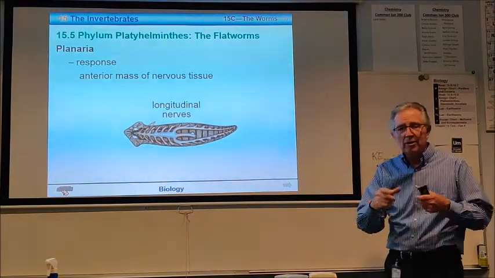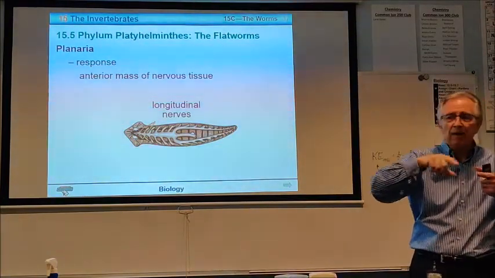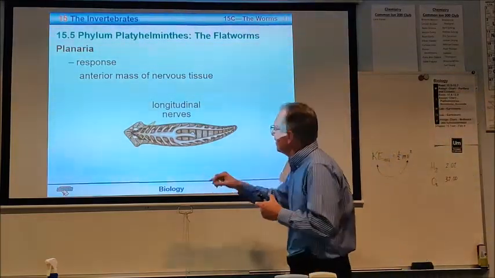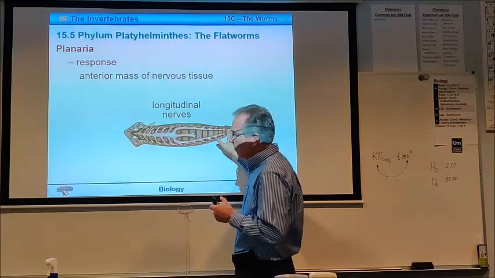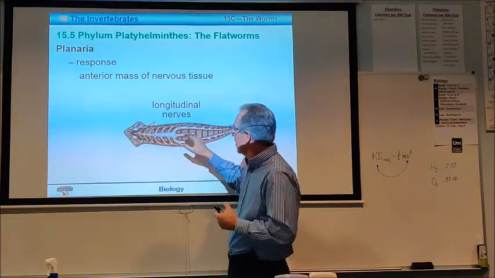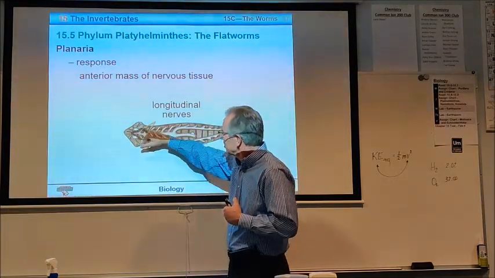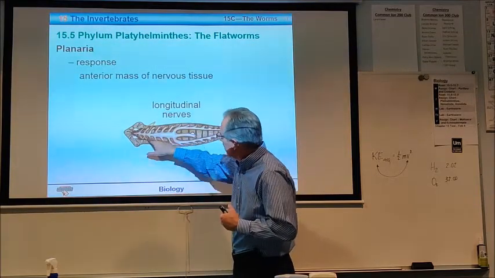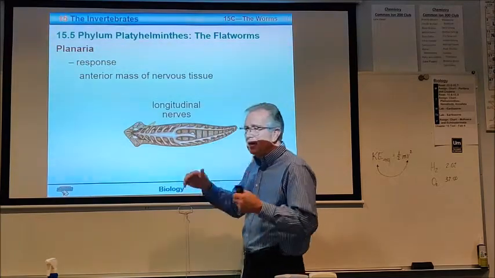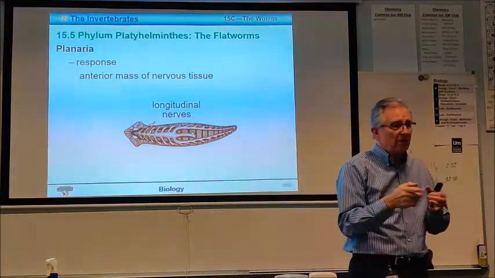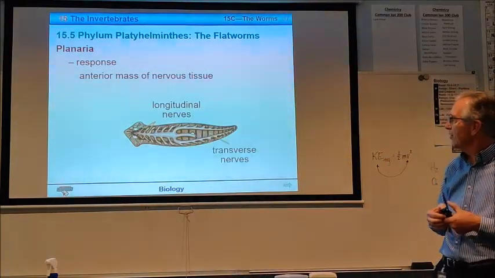So it has some nerves that run the full length of their little body from the end that we're going to call the head, because remember we said it has a head end, and these are the nerves, and then notice these black things in between. The two lateral nerves are actually connected to each other by transverse nerves.